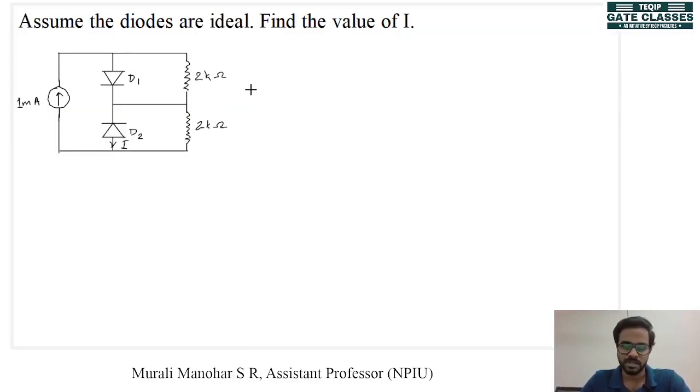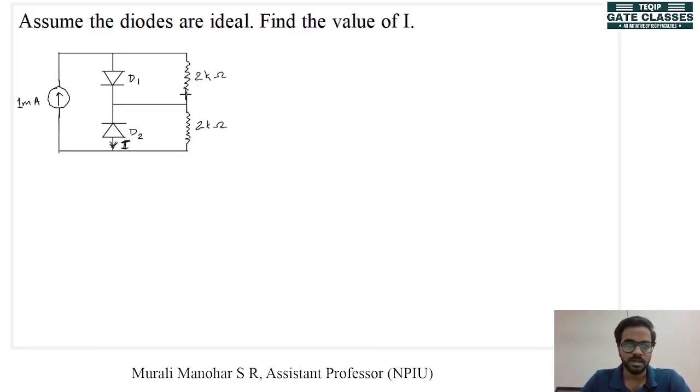Now, the last problem in this lecture: we have two diodes, D1 and D2. We have to assume that these diodes are ideal, and we have to find the value of I. This is I. This circuit is supplied by a current source of 1 milliampere.